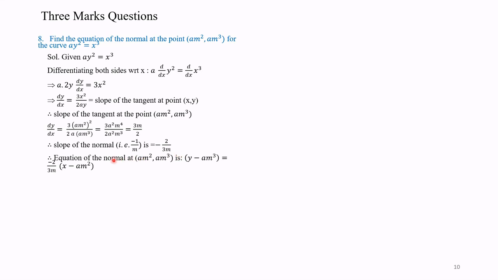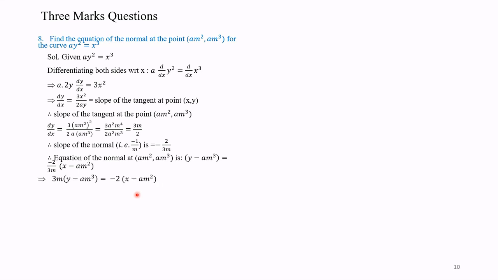Therefore, the equation of the normal at am square, am cube is given by the formula y minus y1, that is y minus am cube equals minus 2 by 3m into x minus x1, x minus am square.